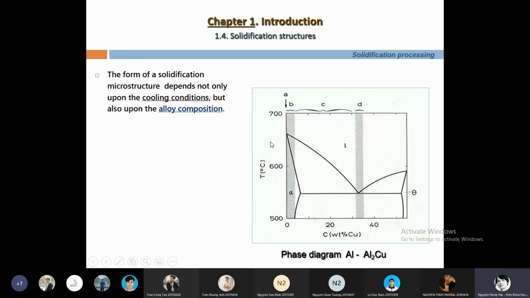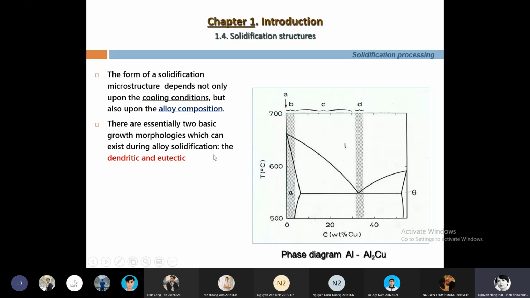So in this case, you have two kinds of alloy. Four, not two, four. You have A, and you have two basic growth morphologies: the dendrite and eutectic. Here, we have eutectic composition, and before we have the hypoeutectic composition. Here we have hyper. Okay.